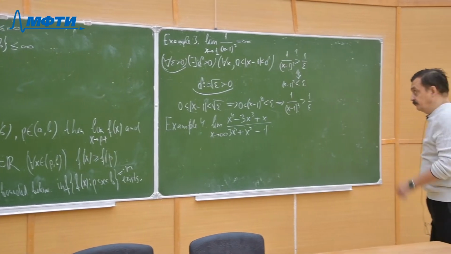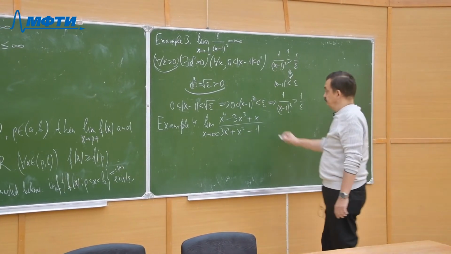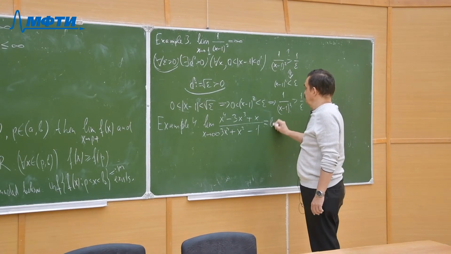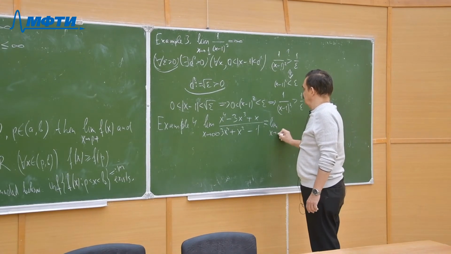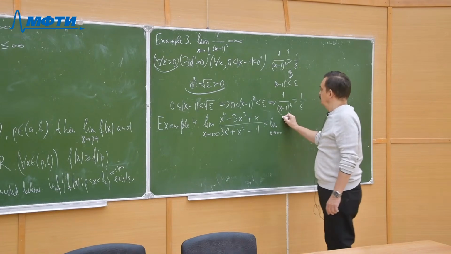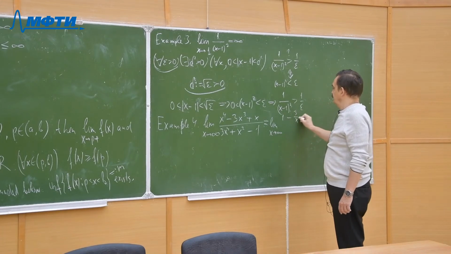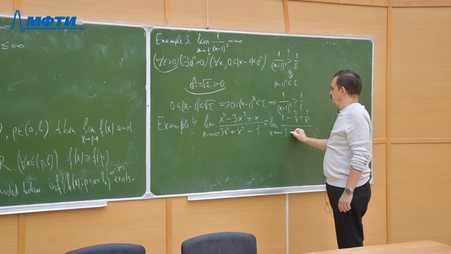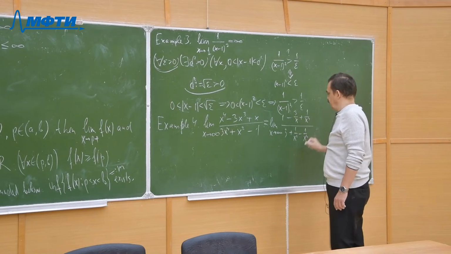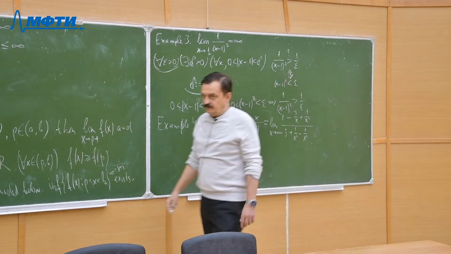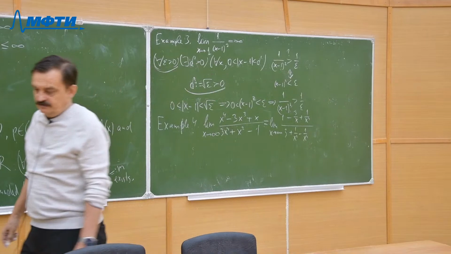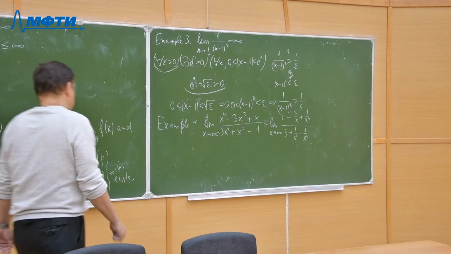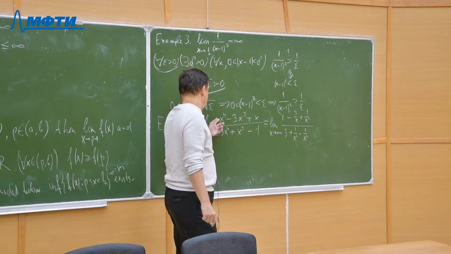So how to compute that? We write the limit as x tends to infinity of (1 minus 3 over x plus 1 over x to the power 3) over (3 plus 1 over x squared minus 1 over x to the power 4). We divide both numerator and denominator by the same number, x to the power 4.